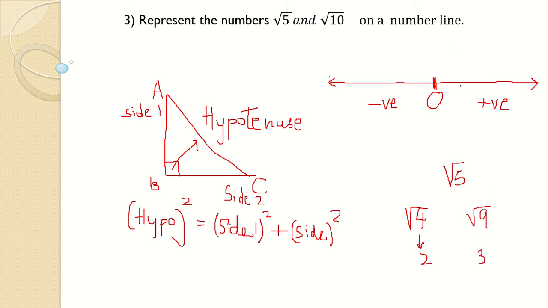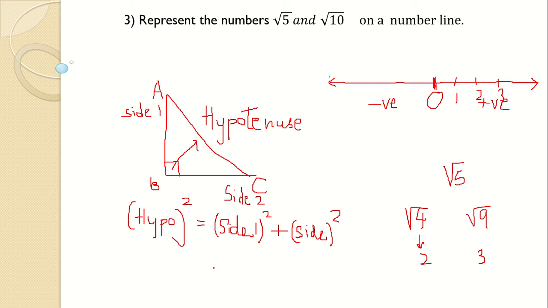So if I have here 1, here 2, here 3, this is my 2 and this is my 3. So root 5 has to lie somewhere between root 4 and root 9, so somewhere between 2 and 3. I hope you follow that.